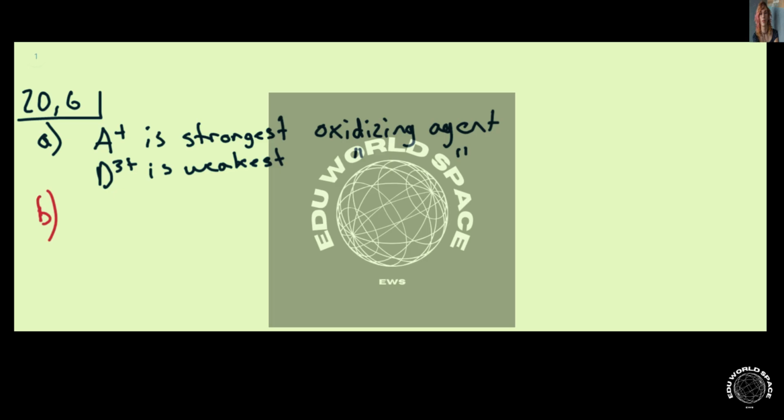So next we move on to B, where we're asked which substance is the strongest reducing agent, which is the weakest. So now we're looking for a reducing agent which is most likely to be oxidized. Now the most likely compound to be oxidized would be the weakest reducing agent, but not exactly, because the weakest reducing agent was D3+, which is unlikely to be further oxidized.